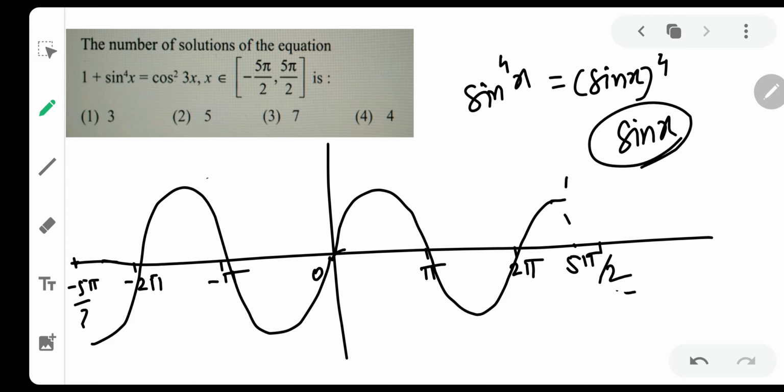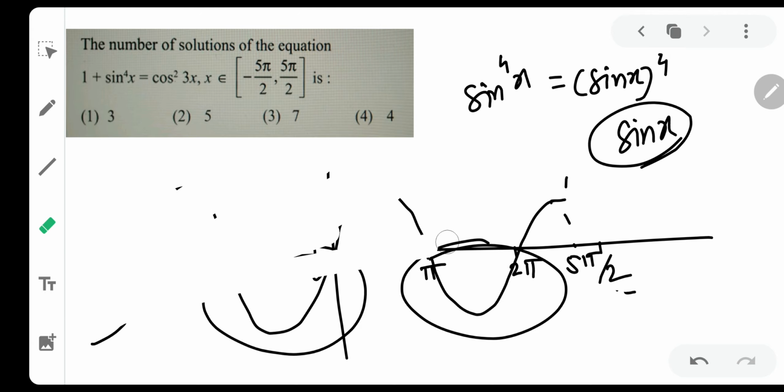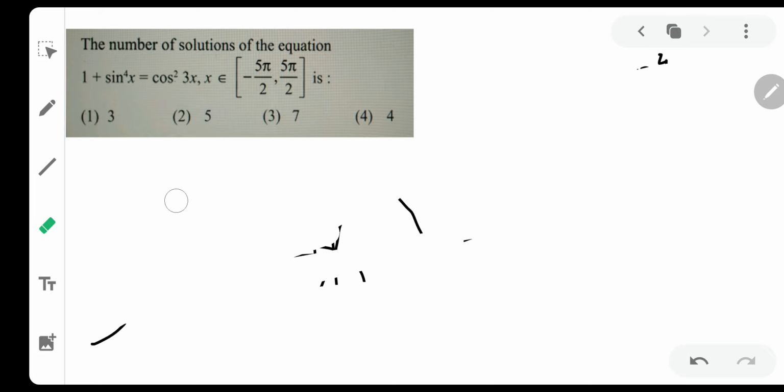Hence the slope of the graph here actually decreases. Now that is not very important over here. All you need to understand is that all of these negative y quantities will go up and become positive. That's all you need to understand. Now I can erase this graph as you have understood everything about sin x.